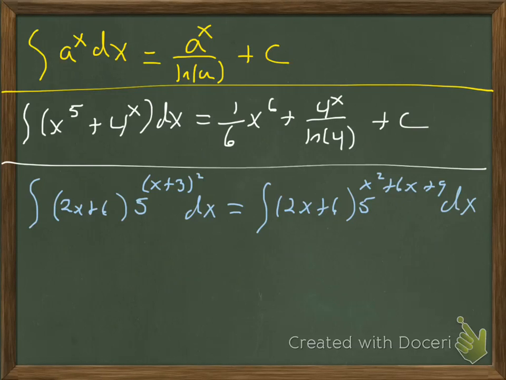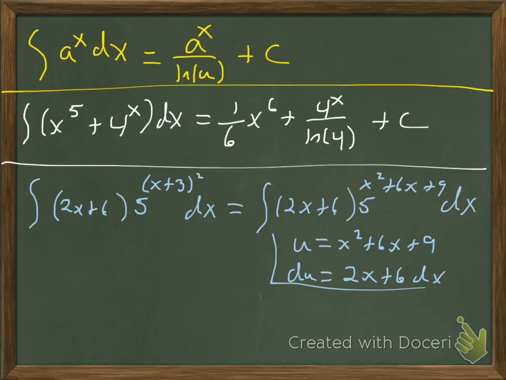Alright, this is looking a little bit more promising. Now I have a quadratic. Derivative of quadratic is a linear, so that's looking good to me. And so we'll let u equal x squared plus 6x plus 9. Du will be 2x plus 6, and oh, look at that. We have a winner.